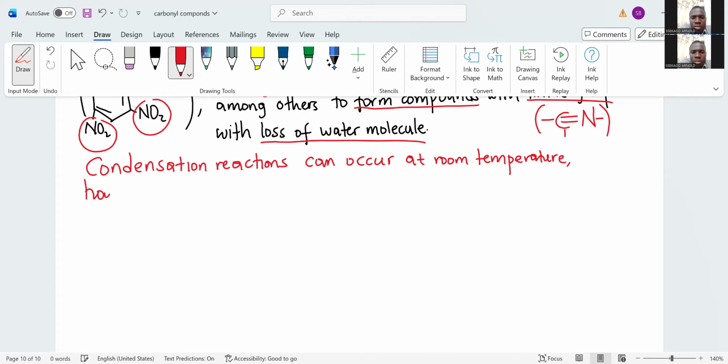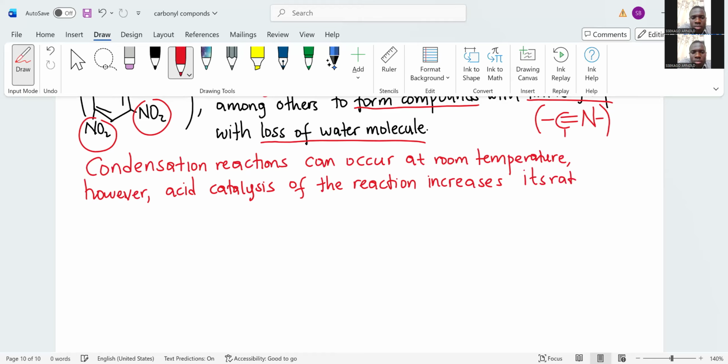However, acid catalysis of the reaction increases its rate of occurrence.